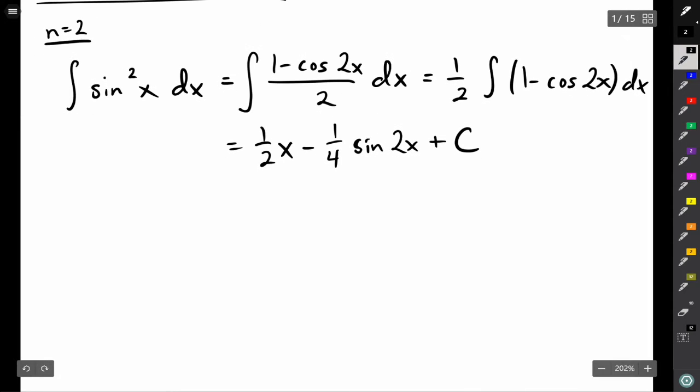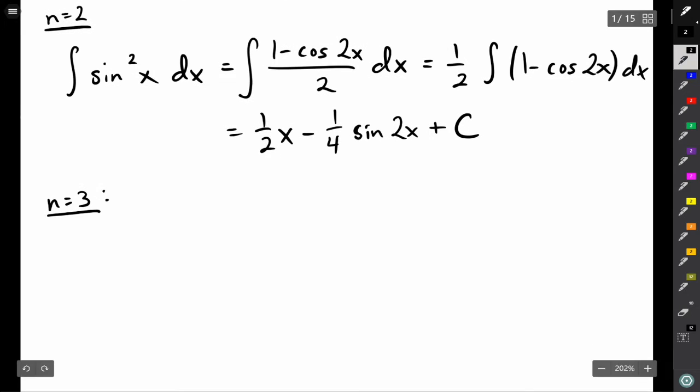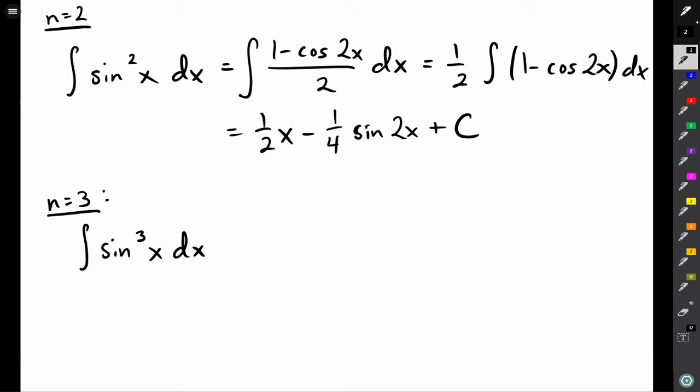Right, now when n is 3, something a bit different happens. There's no formula for the cube of a trig function, but that's okay, because it turns out if we have any odd power, it's going to work out really, really nicely.